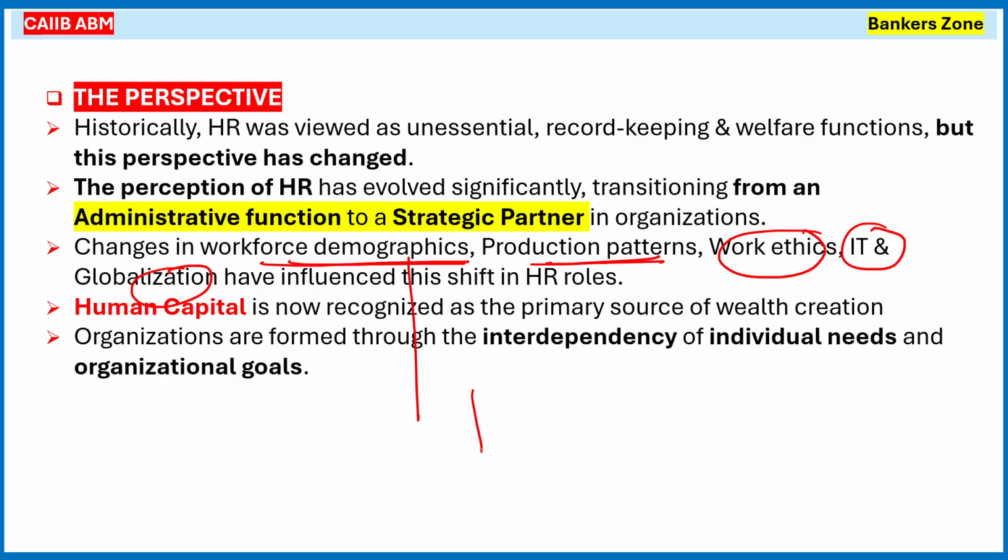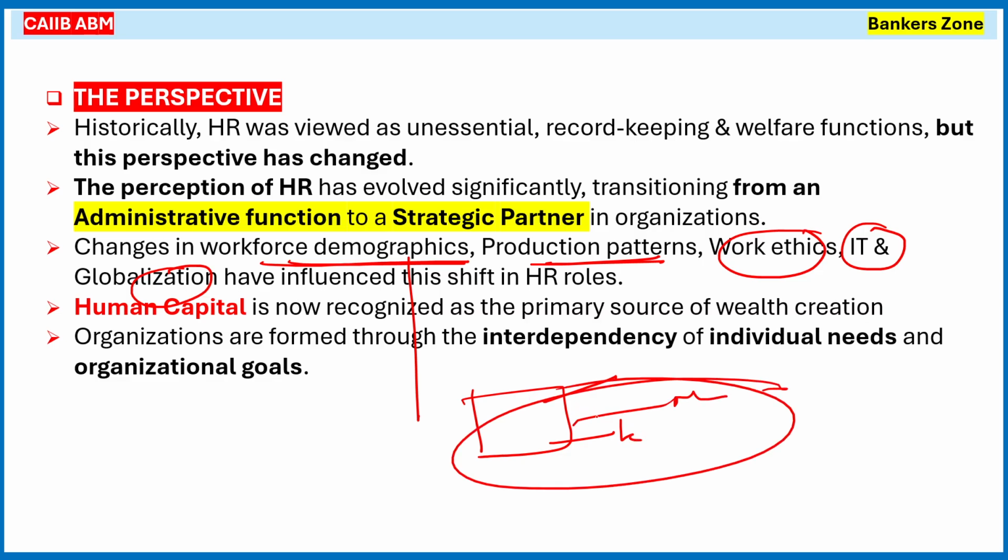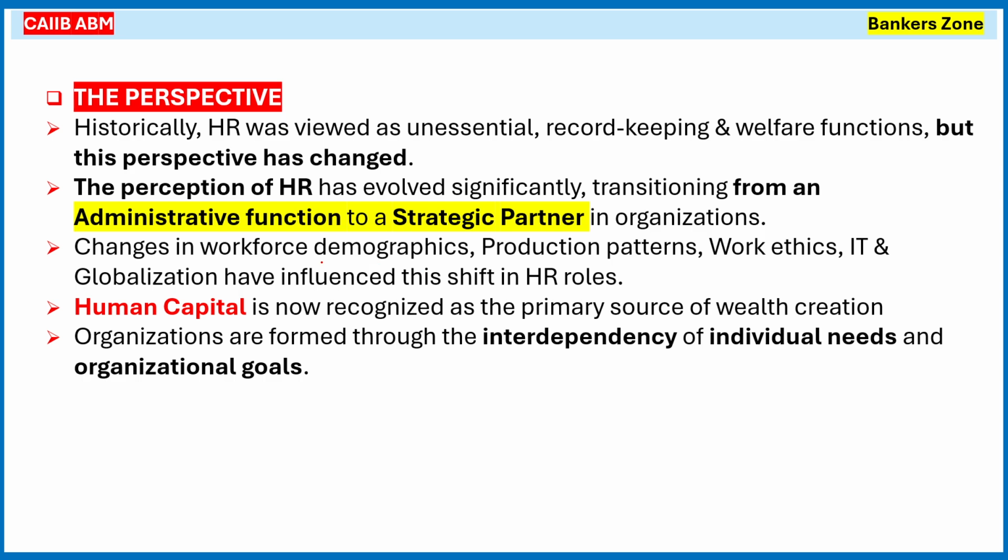See, in one organization, we can see people from across India, from Jammu and Kashmir to Kerala, from northeast to west. From every state we can see people are there. So there is a demographic workforce. The production pattern has changed. Previously manual production was there. Now people are using technology. So we can see these are the important factors which change the perspective from the administrative function of HR to the strategic partner in the organization.